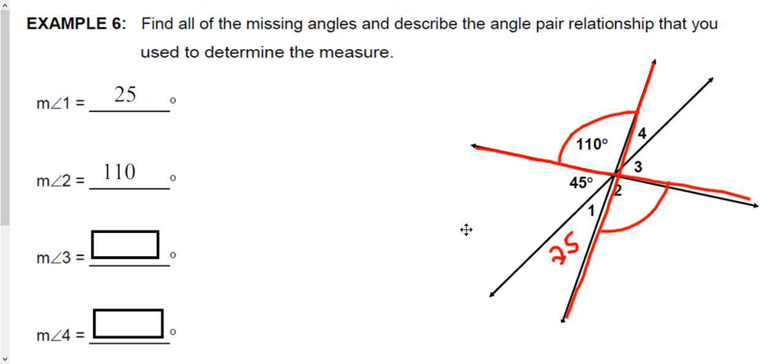Then to go find angle 3, let's see, we're going to use those same vertical angle things. So let's erase this red line stuff. 3, let's see which lines form 3. This is one of the sides of 3. We'll extend it over. This is the other side of 3.